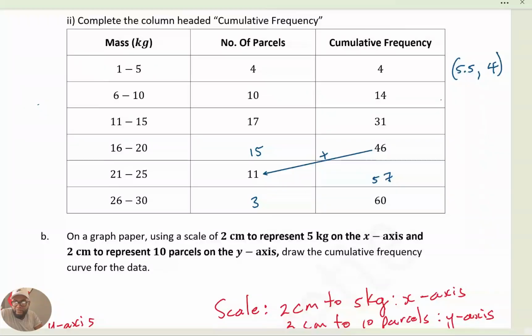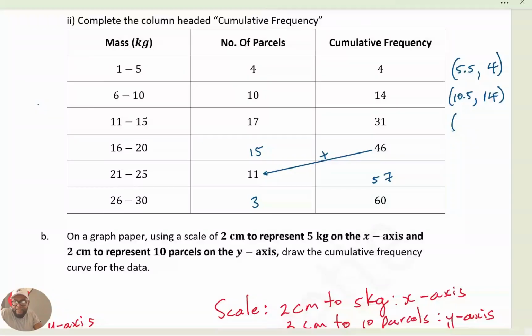Right, thank you. Next class interval now, 6 to 10. What is the upper class boundary? Anybody? 6 to 10. What is the upper class boundary for that class interval? 10.5. Excellent. 10.5. What is the cumulative frequency for that class interval? Excellent.